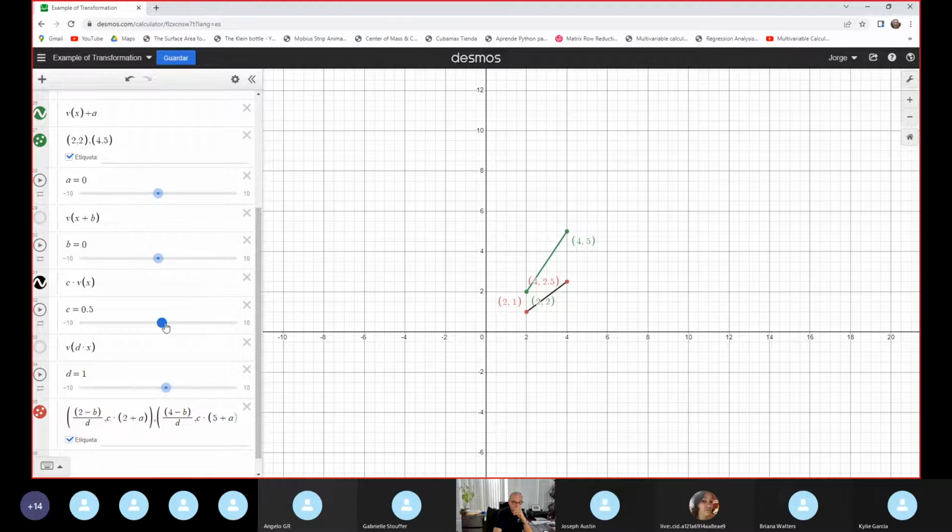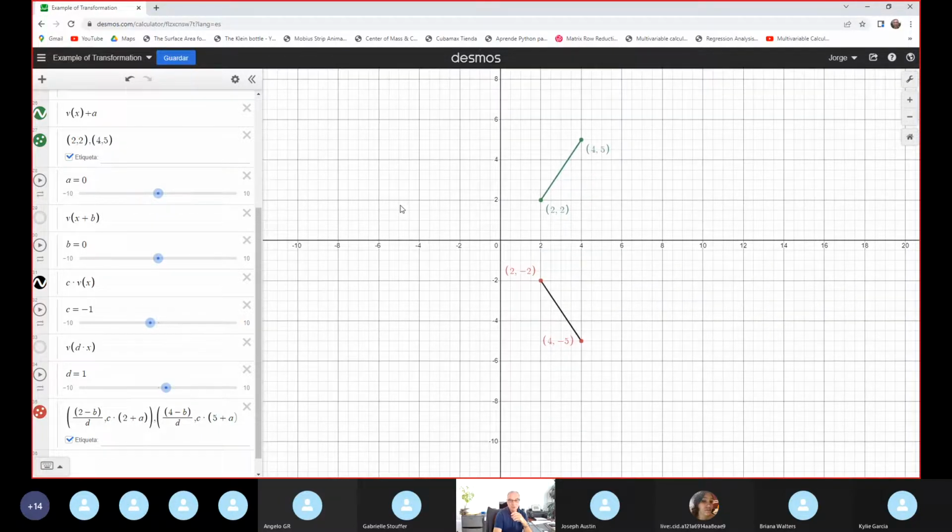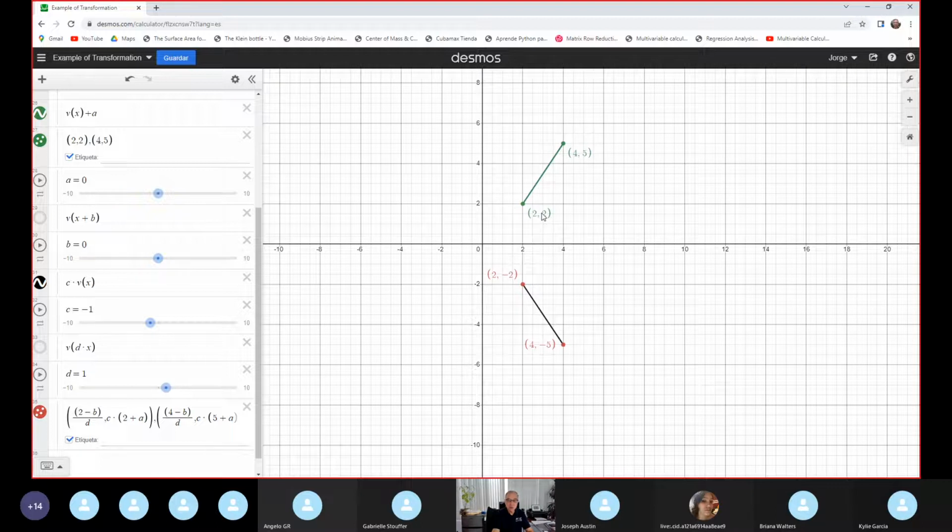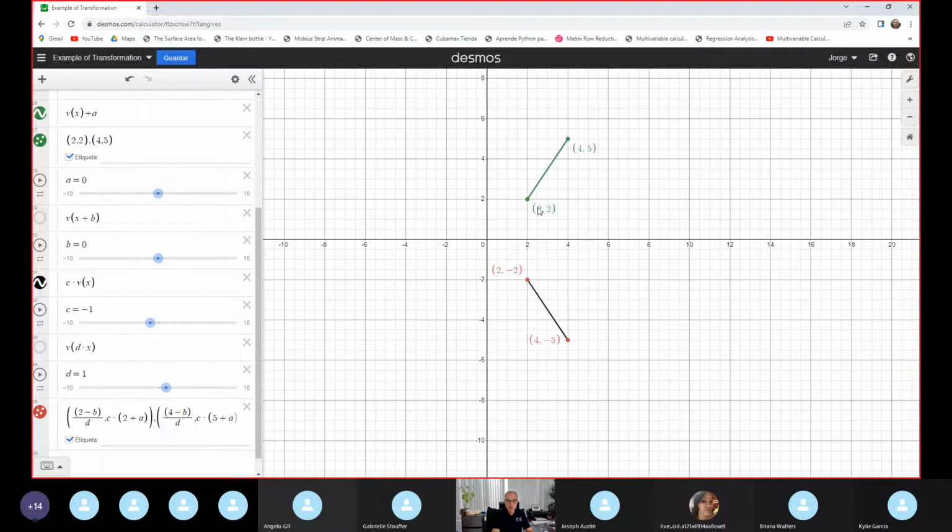Yes. However, if you put a negative number, like -1, that is a perfect reflection, entonces it is a reflection about the x-axis, because the only thing I am doing is changing the sign of the y. For example, that point 2,2, when you transform it, converts to 2,-2. So the x value stays the same.